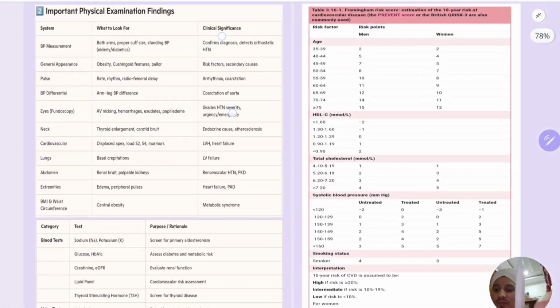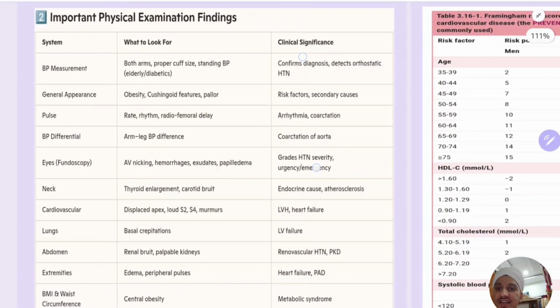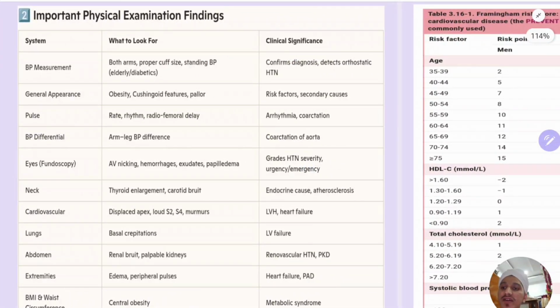Then coming to the important physical examination findings in patients with hypertension. First you measure the BP. Measure the BP in both arms, with proper cuff size. Measure both sitting and supine, and sitting and standing position also, because some patients, like elderly and diabetic patients, will have orthostatic hypotension, meaning the BP will fall more than 20 mmHg systolic when they rise from the supine to the standing position, within 3 minutes.